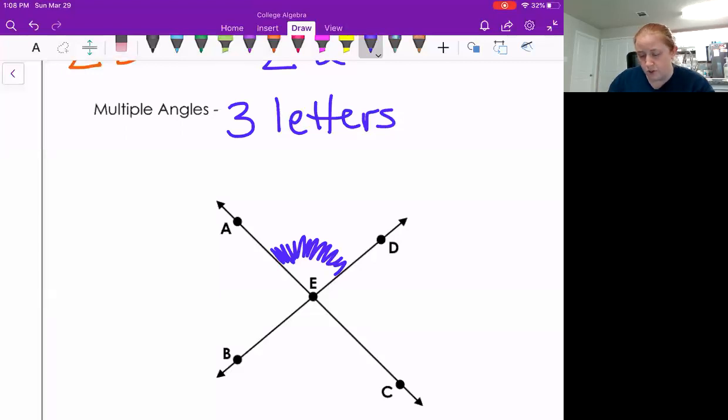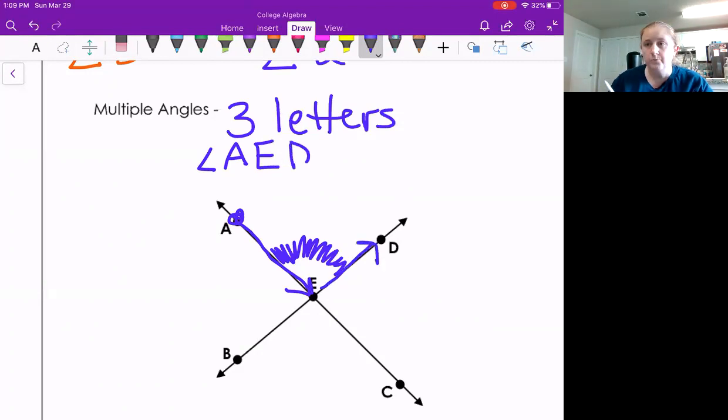So I can either start at point A and then follow the path back. If I start at A, follow it down, the next one I reach is E, and then the next point I reach is D. So there's my one way.